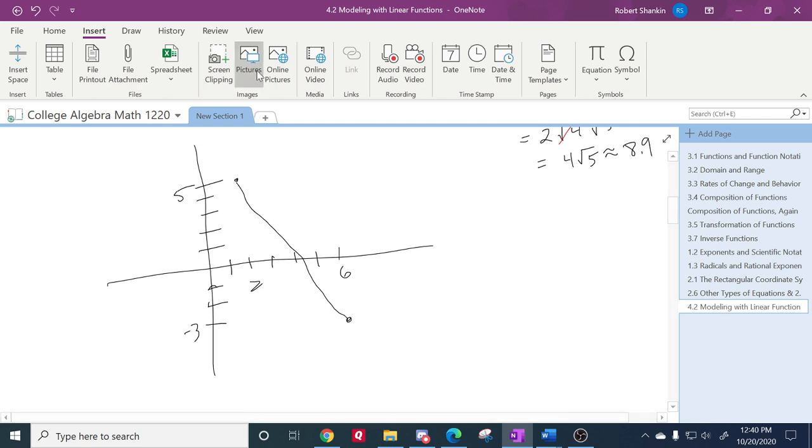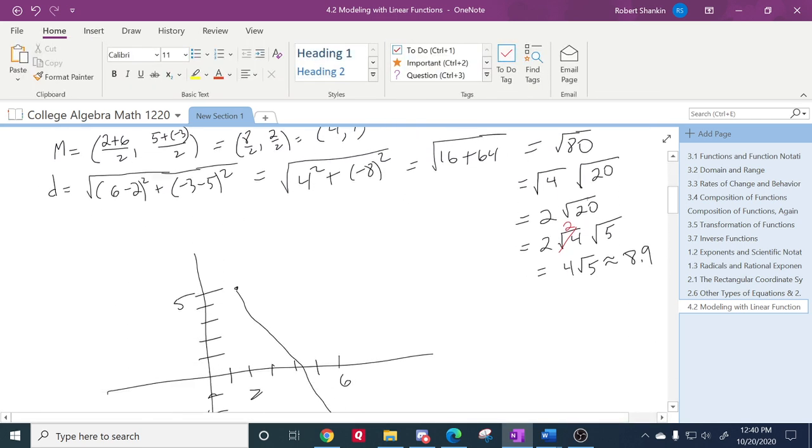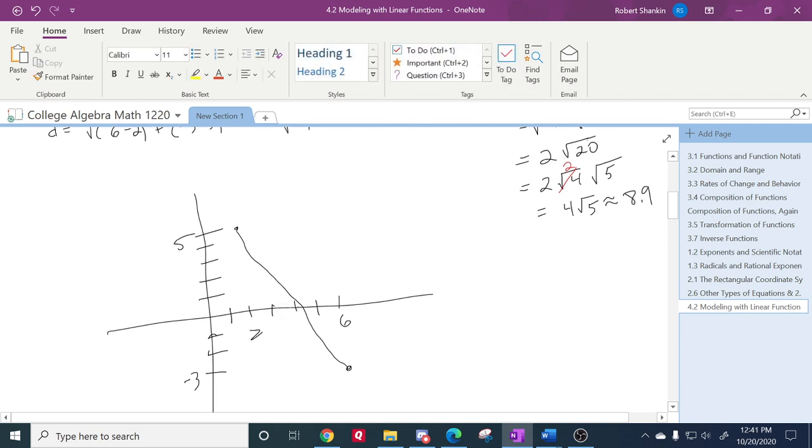Now, we found that the midpoint was (4, 1). And does that look reasonable? If I go 1, 2, 3, 4 over and 1 up, my (4, 1) is right here. If my graph was more to scale, I think it's pretty close.